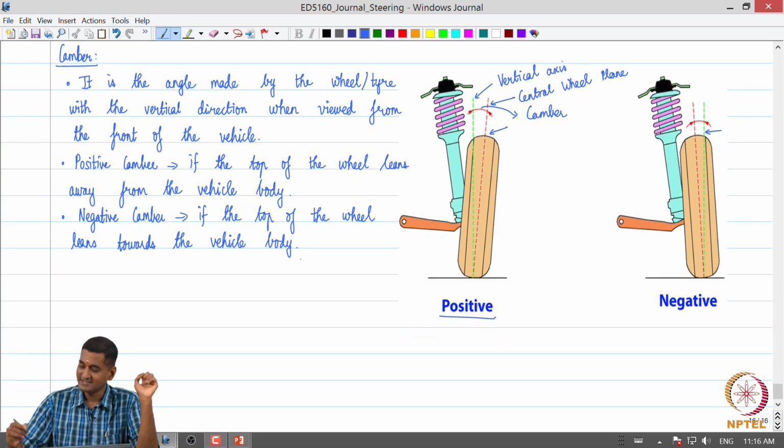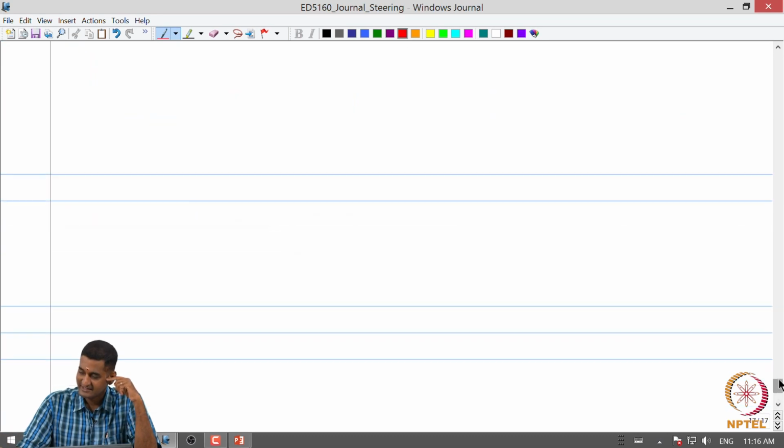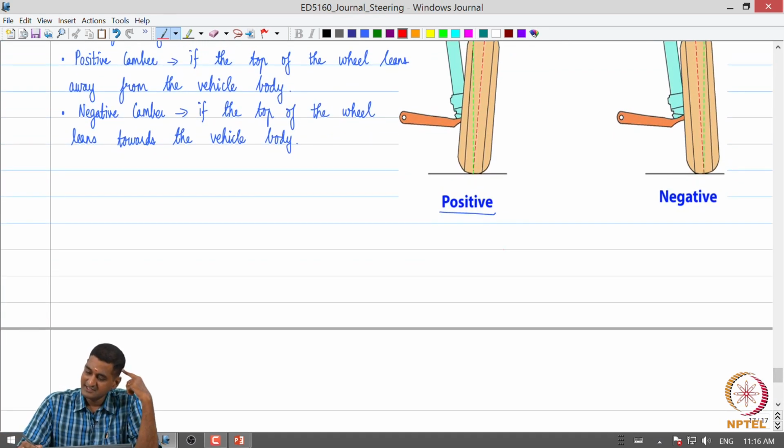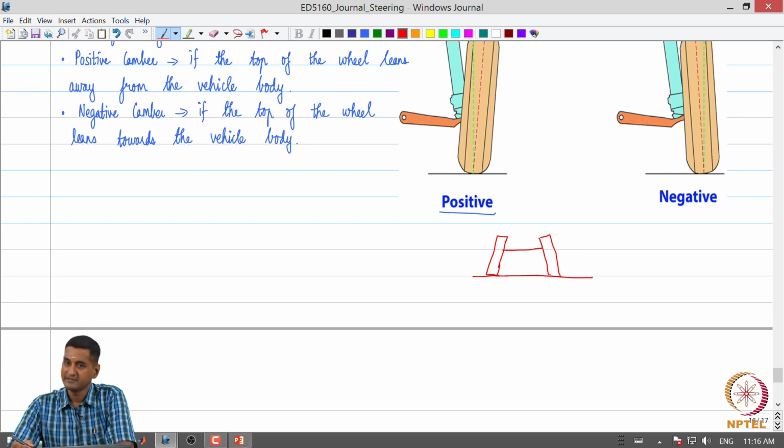Okay. Why is that? Let me convey that through a very simple schematic. I am drawing a very exaggerated diagram just to convey the point. Let us say these are my two front wheels, which are steered. Okay. We can immediately observe that they have very steep negative camber.